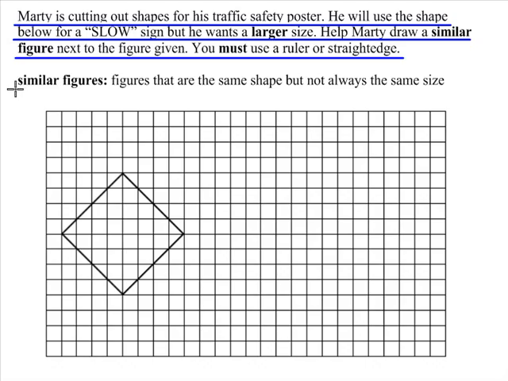The definition of similar figures is given here as figures that are the same shape but not always the same size. And here we see what appears to be a rectangle that's also maybe a square, and so we're supposed to use this area over here to draw a similar figure.